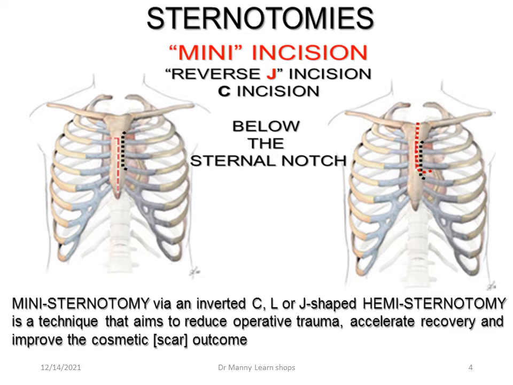Now, a mini sternotomy basically is a hemisternotomy, and this is a technique that aims to reduce operative trauma, accelerate your recovery time if you have the surgery, and improve the cosmetic outcome, not such a big scar.